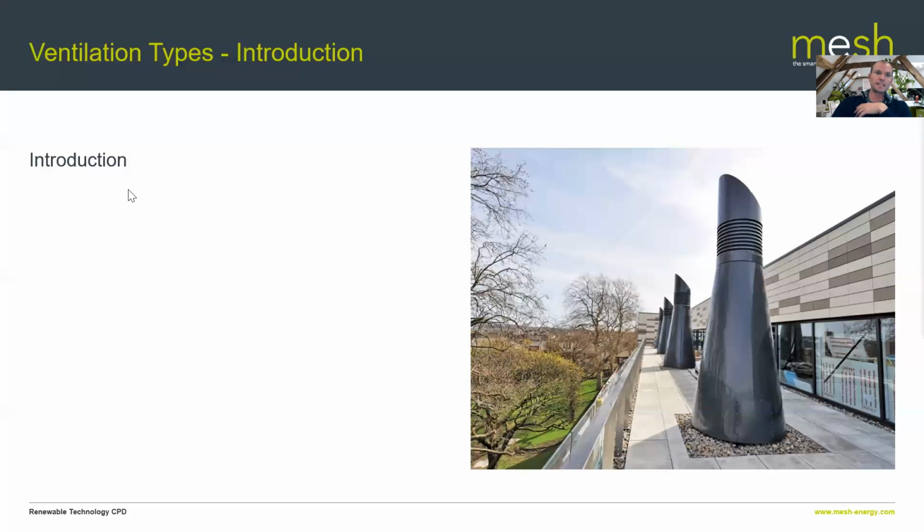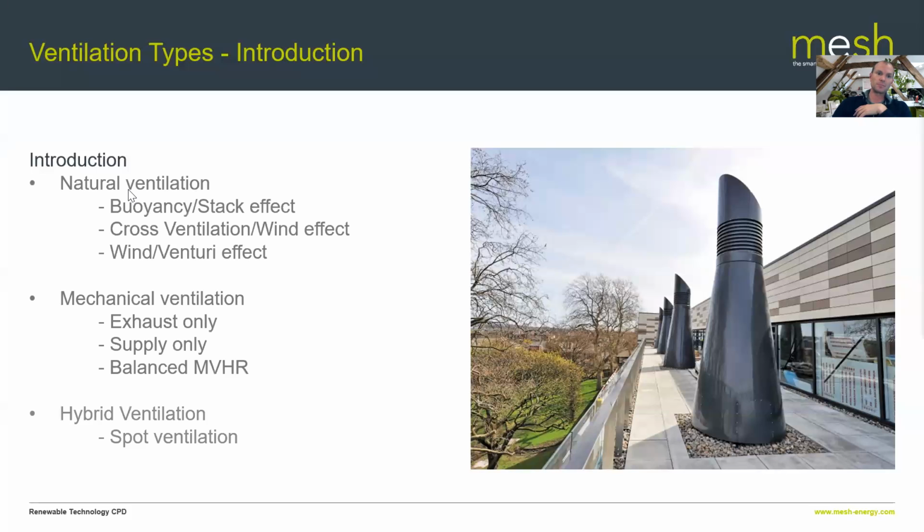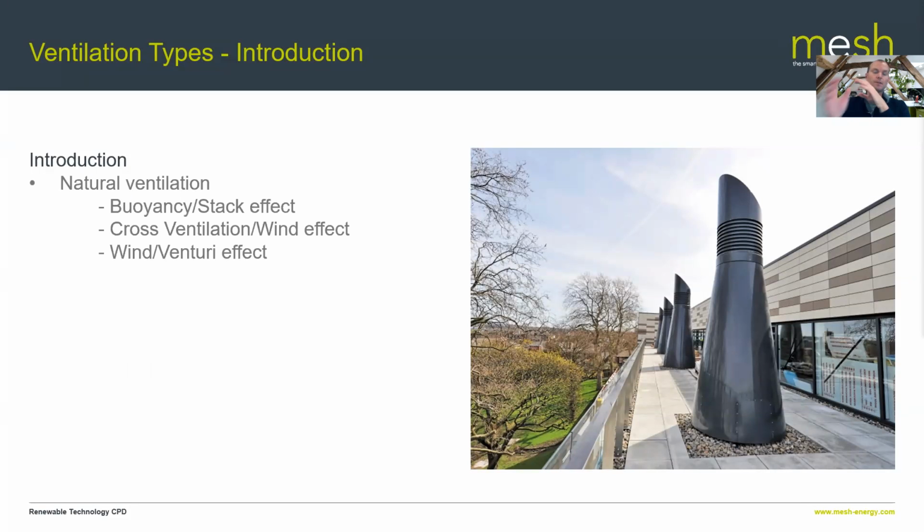So ventilation types, these are really split into three main areas. The first is natural ventilation, and under the natural ventilation umbrella, there are three different types, and these are the effects that we're going to be going through on the next few slides.